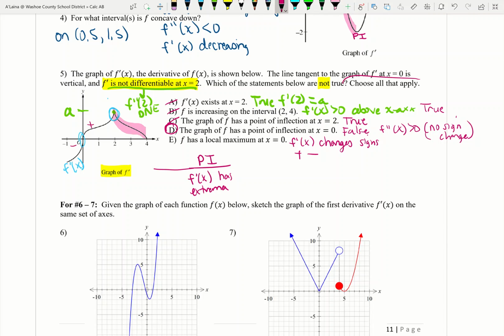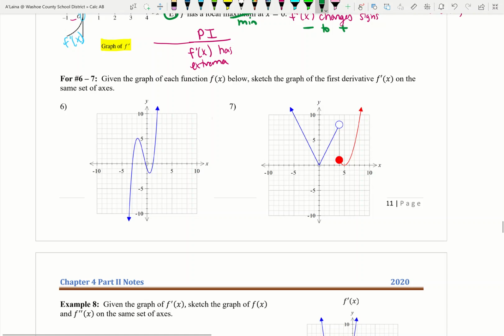Oh, this is choose all that apply, so we can have more than one answer. I'm glad we looked at the directions because this one is false. This does not have a local max. This one has a local min because f prime changes signs from negative to positive. And so this is another false statement. So both D and E are the false statements, and so those are the ones I want to choose.